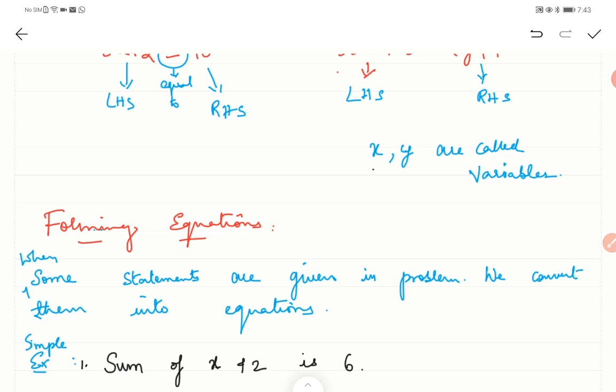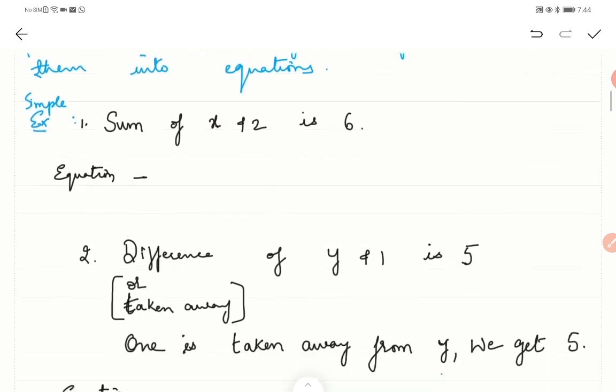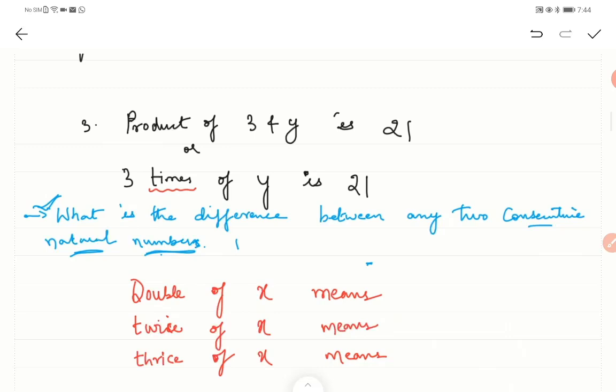Do you remember, students, in the chapter 1 unit test, I had asked you, the first question was, what is the difference between any two consecutive natural numbers, isn't it? So this is a question that comes. Here they're asking, you know your natural numbers, right?